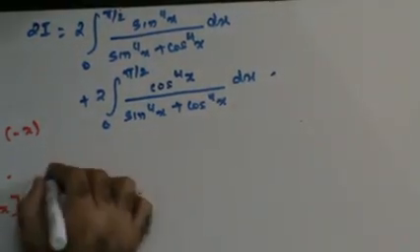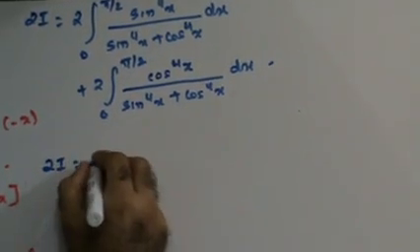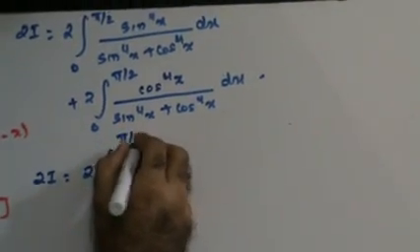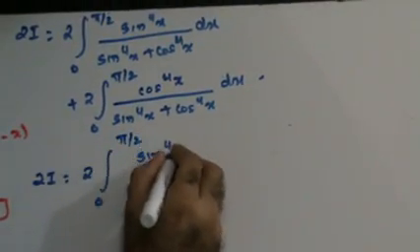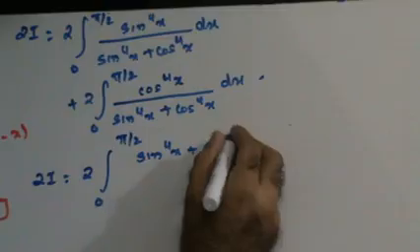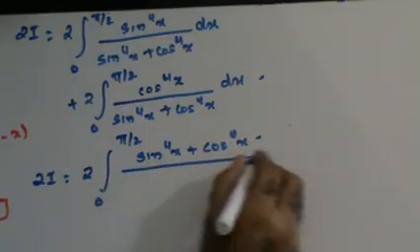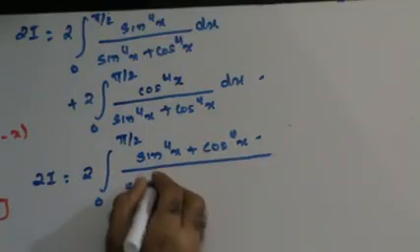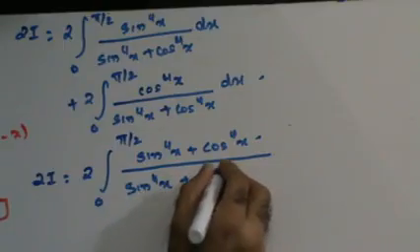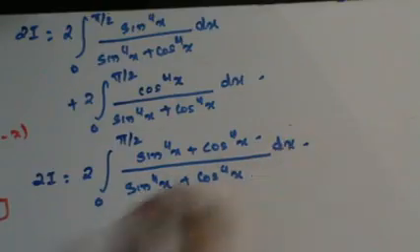So therefore I can say that 2I, I can take 2 common. So in that case I'll get integral of 0 to pi by 2 sine raised to 4x plus cos raised to 4x upon sine raised to 4x plus cos raised to 4x dx.